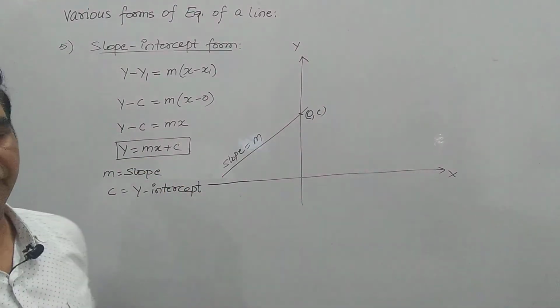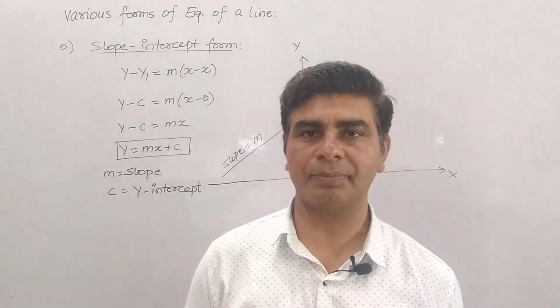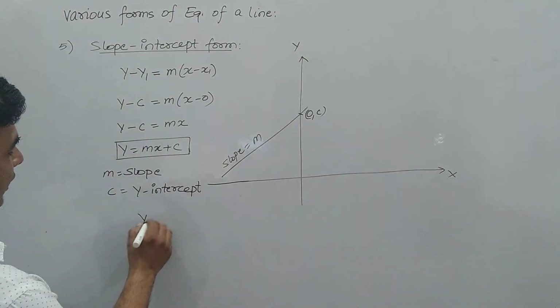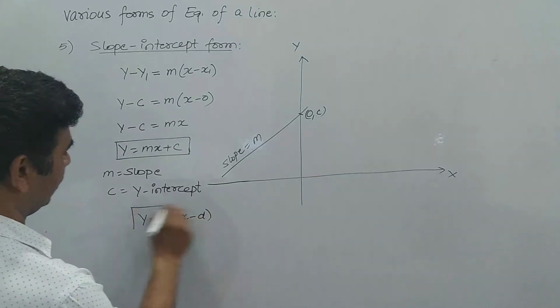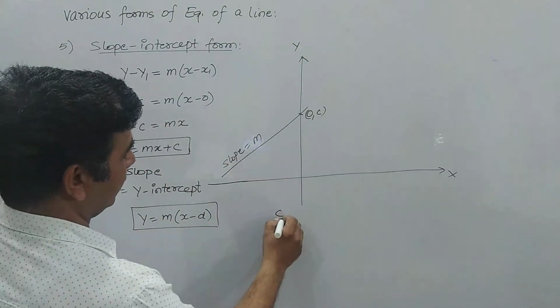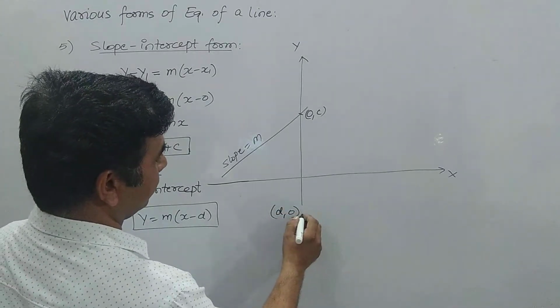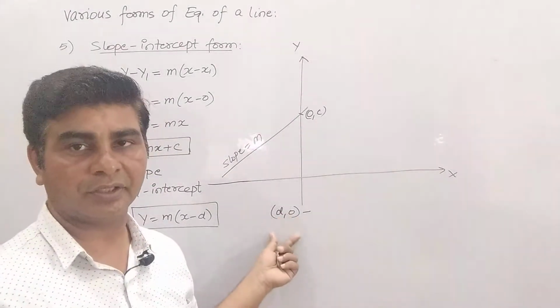In case the slope is given to you and the x-intercept is given to you, then in this case the equation of the line is given by y is equal to m times x minus d, because the point will now be replaced by (d, 0). Sorry, this is (d, 0). This is the point at which the line intersects the x-axis.